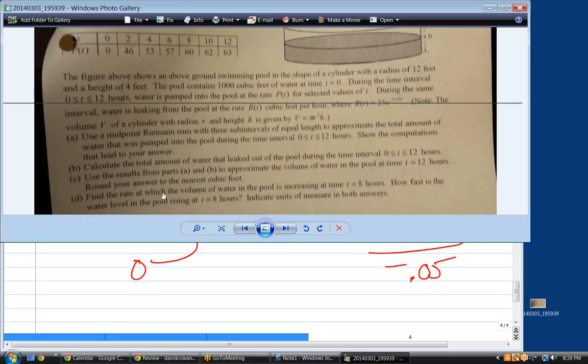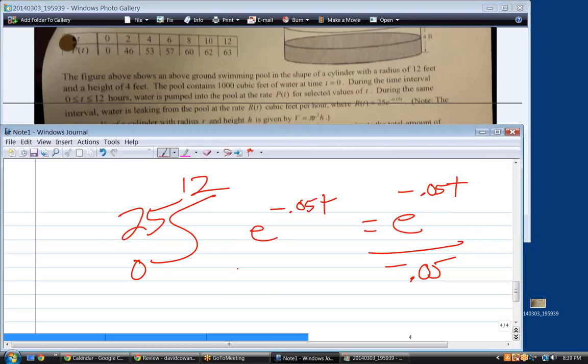But how fast the volume of the water is increasing is a function of how fast it's going in minus what's coming out. So we know that it's going in at a rate of 60, but it's coming out at a rate of 25 times e to the minus 0.05 times 8.